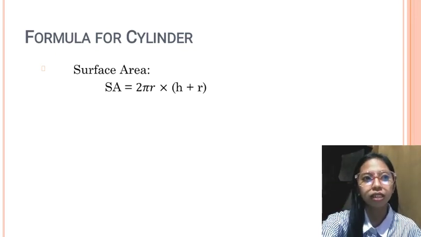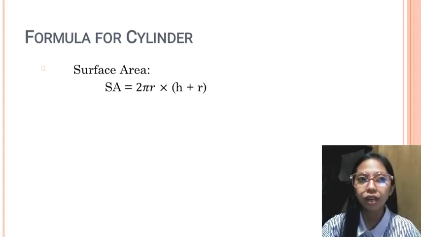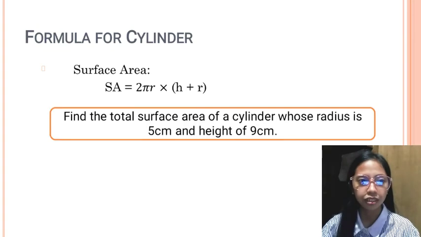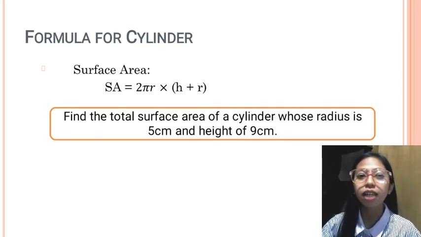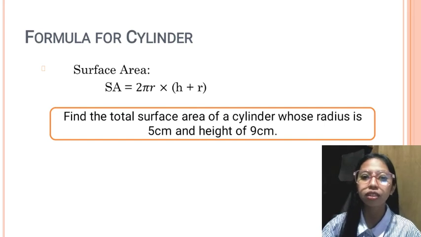So let us now have an example on finding the surface area of a cylinder. I have here a situation where we will be finding the cylinder's surface area. First is, find the total surface area of a cylinder whose radius is 5 cm and height of 9 cm.